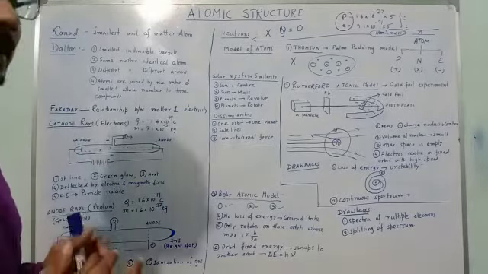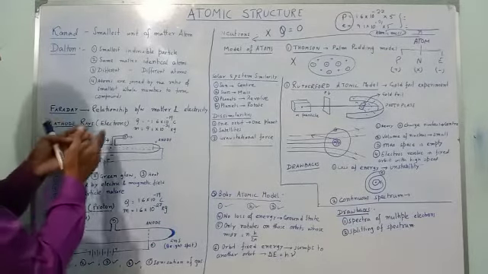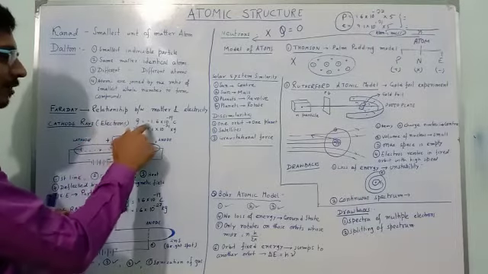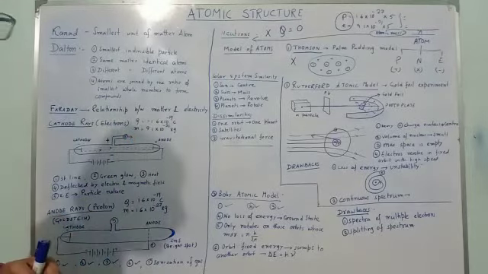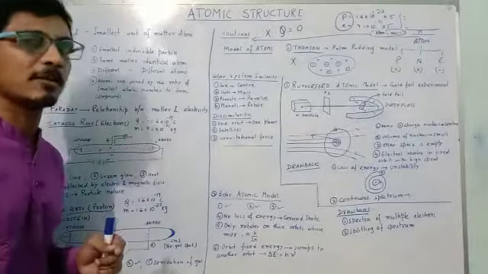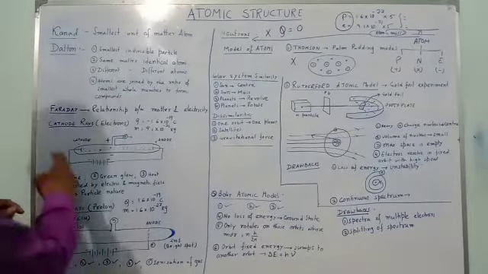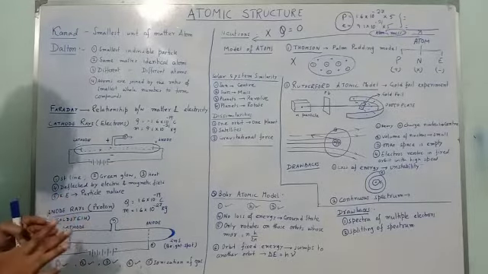Later on, it was discovered that these cathode rays are nothing but a flow of electrons, which have a charge of minus 1.6 into 10 to the power minus 19 coulomb and a mass of 9.1 into 10 to the power minus 31 kg. These cathode rays have certain important characteristics.